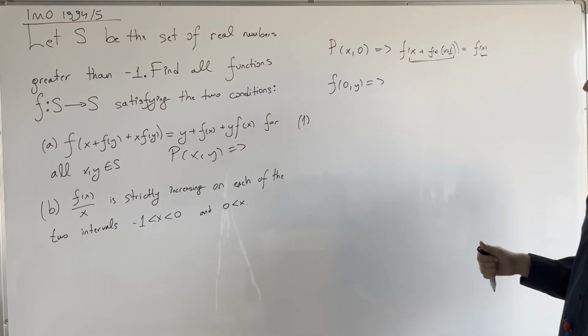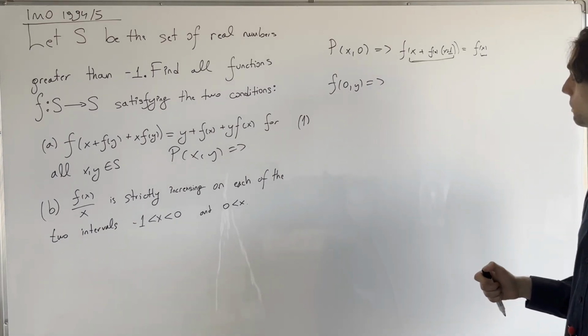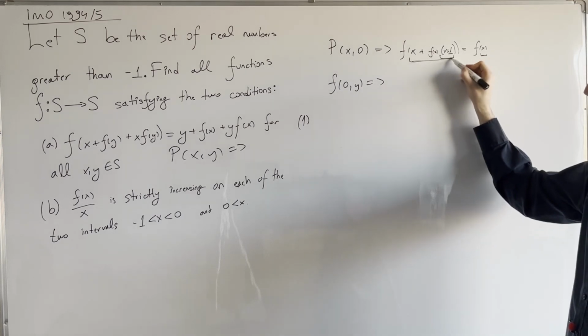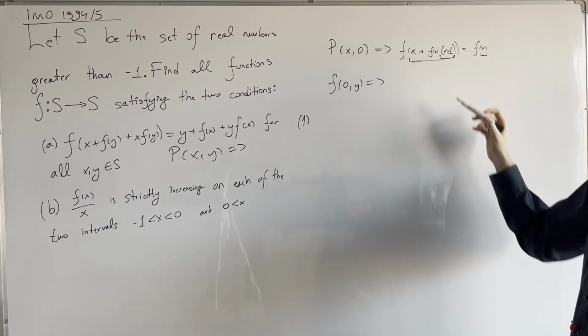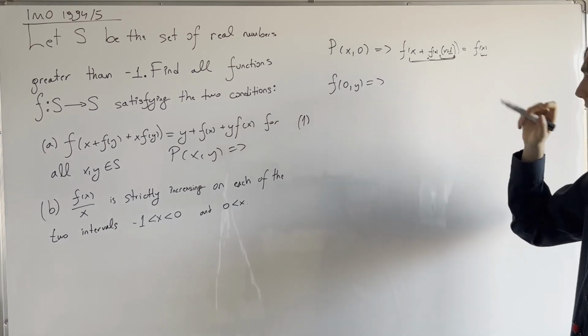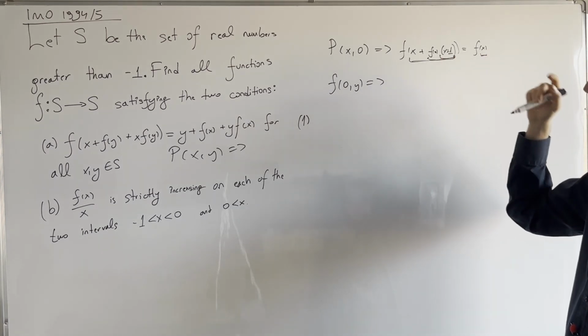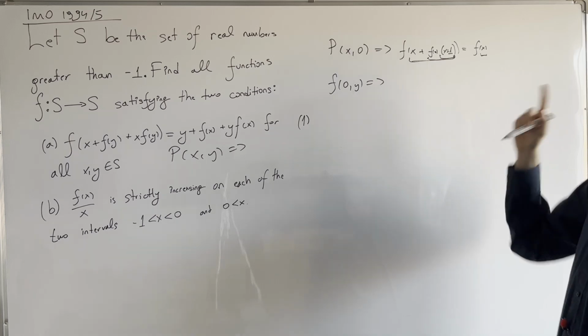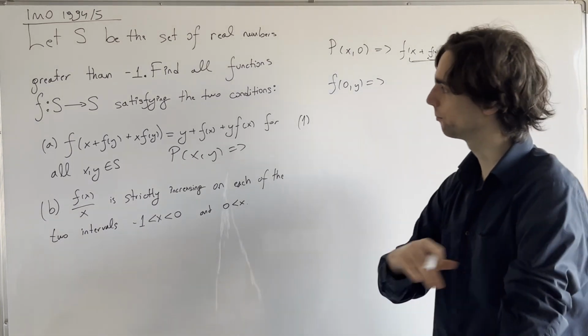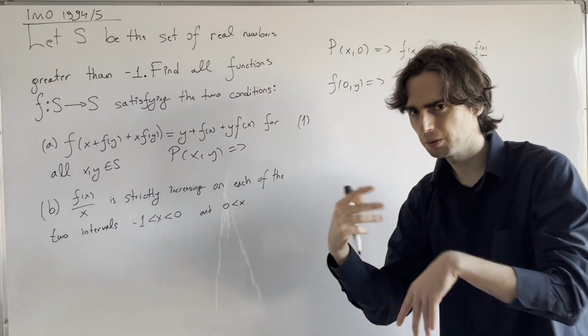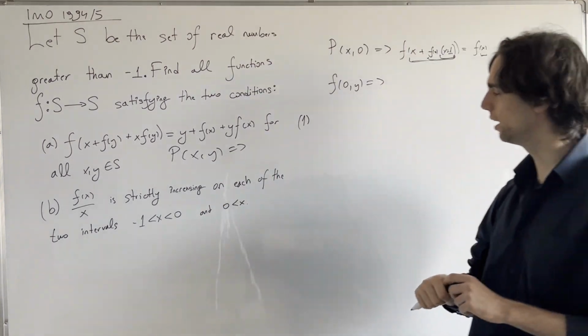Now if f of 0 is negative, then this whole thing is negative, so this is smaller than this. For a large enough x, maybe there's something to look at here. But right now we're just plugging in a couple of things and seeing what we have.